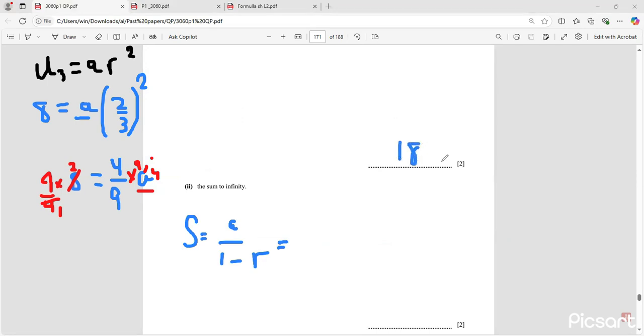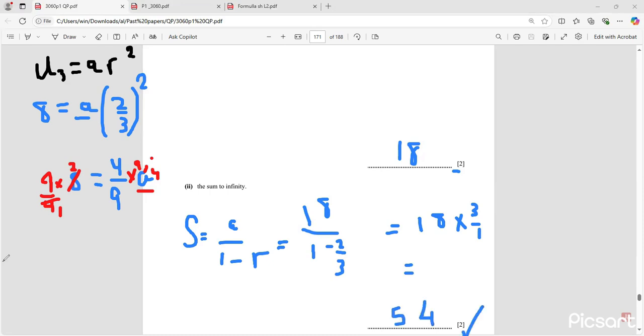Be careful not to get this wrong, so you don't lose the mark. 1 minus 2/3 is a third, so it equals 18 multiplied by 3, which is 54. And we did it. Let's see the next.